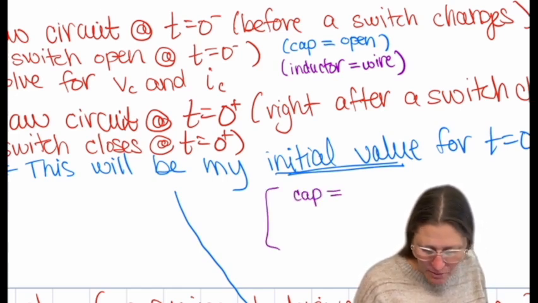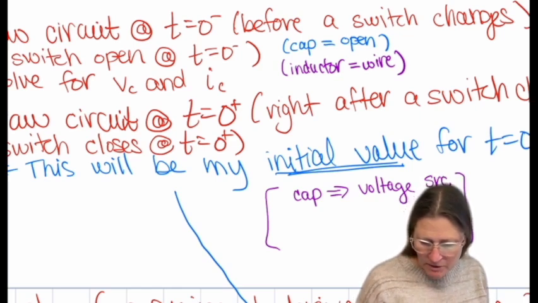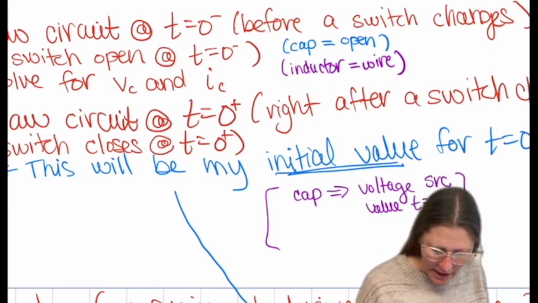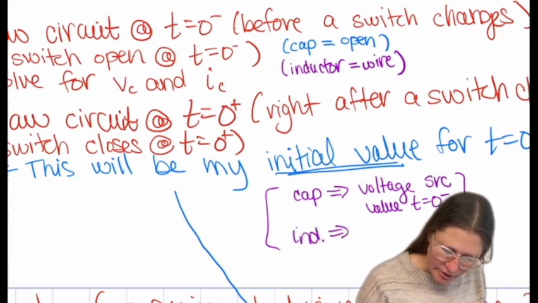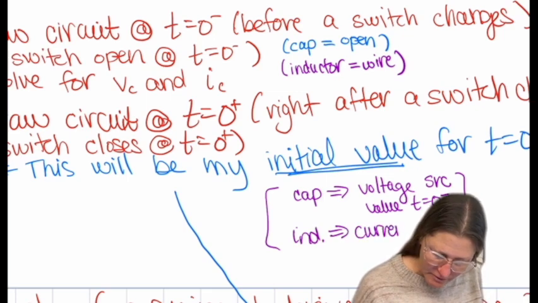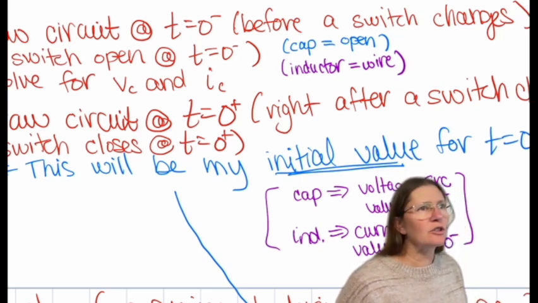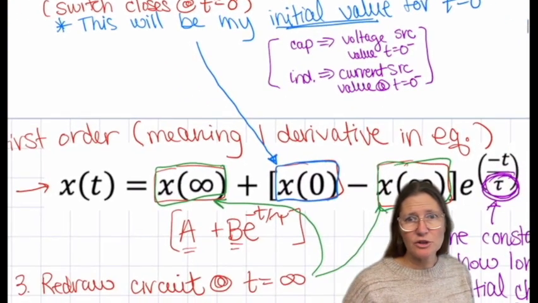A capacitor you're going to model as a voltage source, and it will keep the value from t equals 0 minus, and then an inductor will be a current source with the value that you find at t equals 0 minus. So at that stage you change the capacitor to a voltage source and the inductor to a current source.